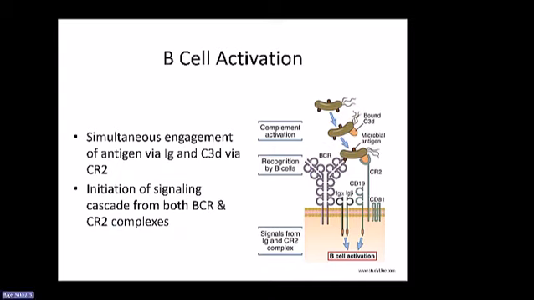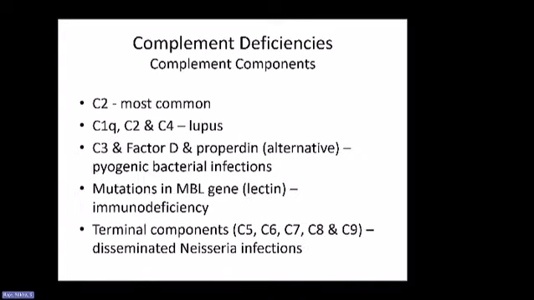B-cell activation: we know CR2 acts as a co-receptor for B-cell activation. We looked at this last time. Complement deficiencies: a defect in the early complement pathway, C2, C1q, C4, all of that can cause frequent infections along with autoimmunity.